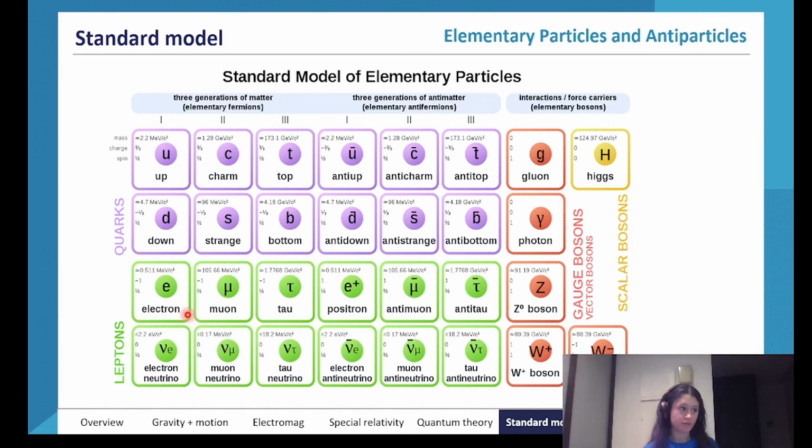Our leptons are things like electrons and muons. And then, of course, we're going to have our corresponding antiparticles for each of these. All of our antiparticles are going to have the same mass, but the opposite charge of all of our original particles.